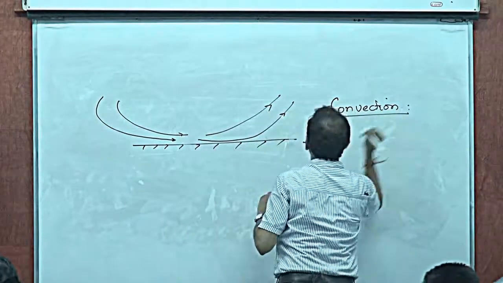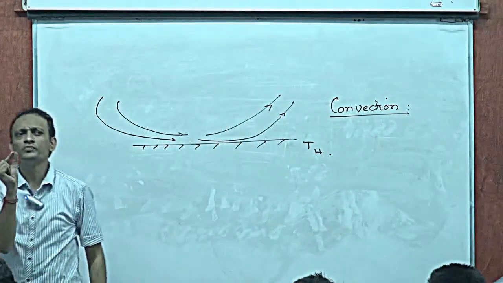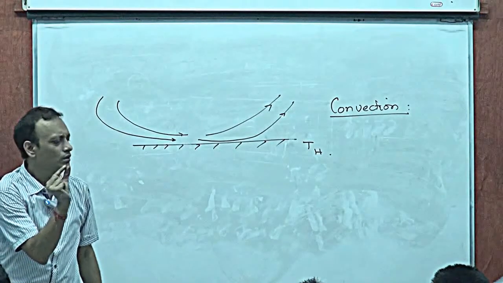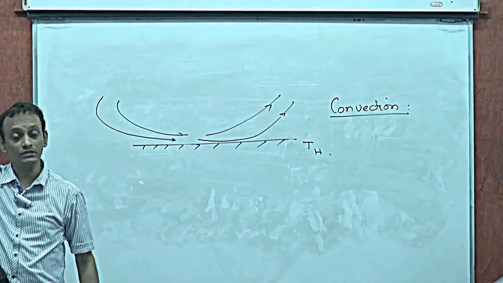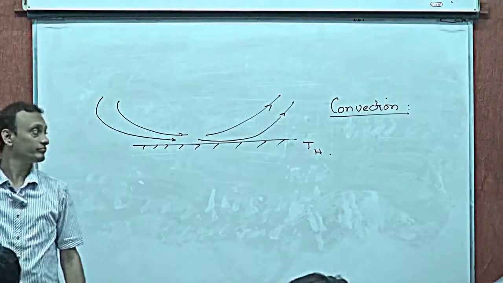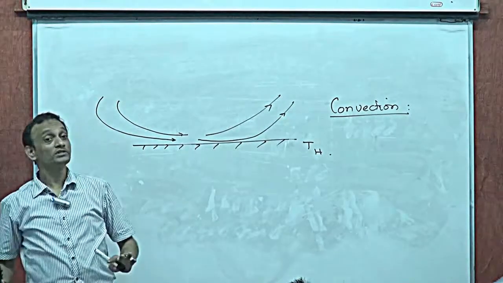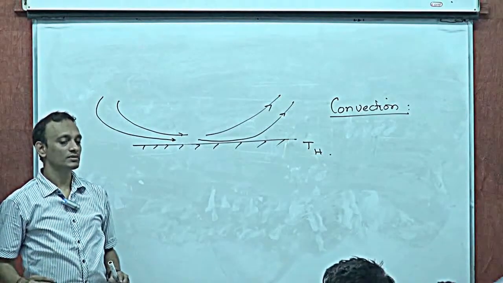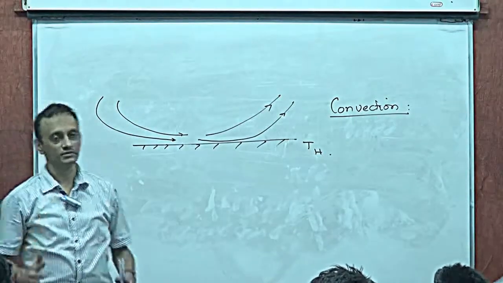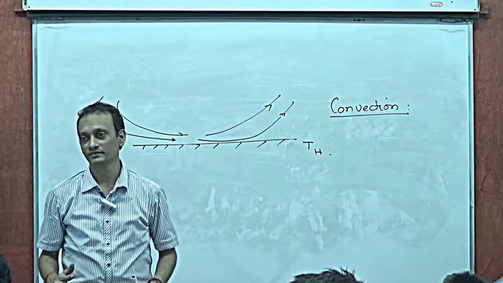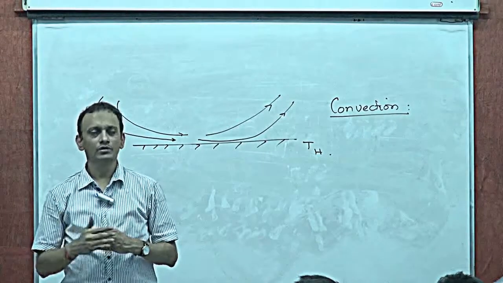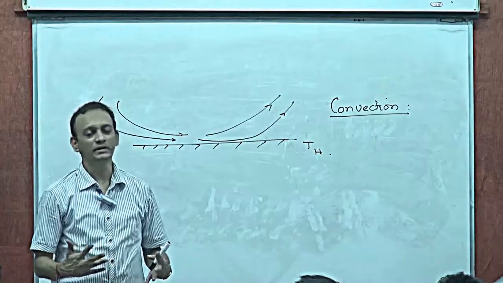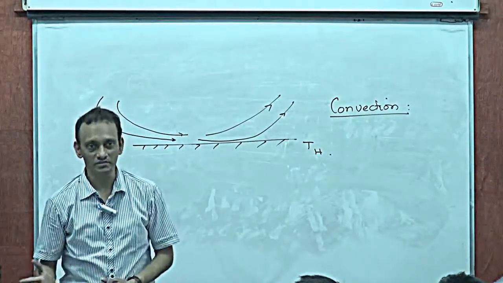It's because of the small contact period that the molecules have with the surface that they carry away the heat. Now this mode of heat transfer is very complicated, and that's the reason they have chosen to not keep it in your IIT JEE syllabus.